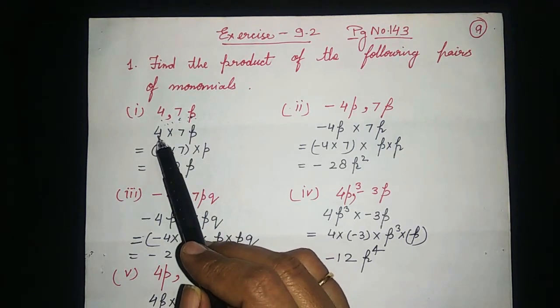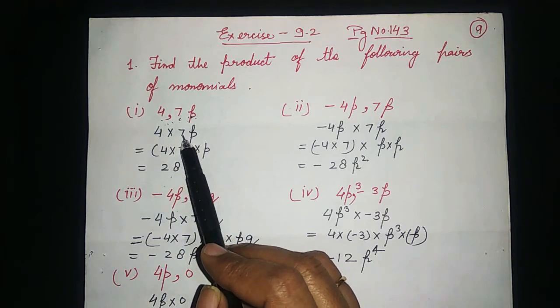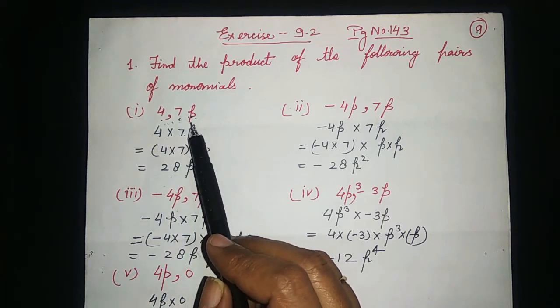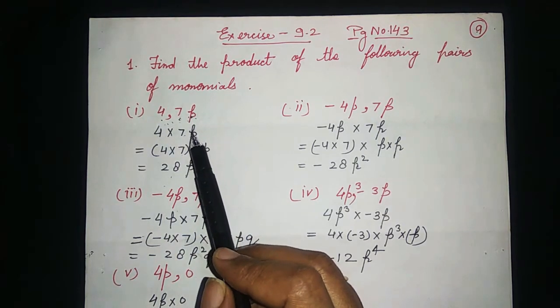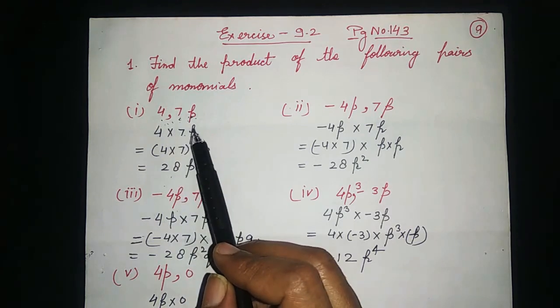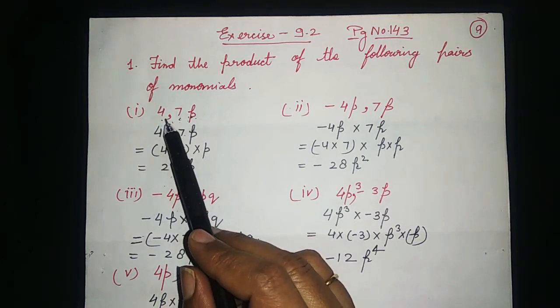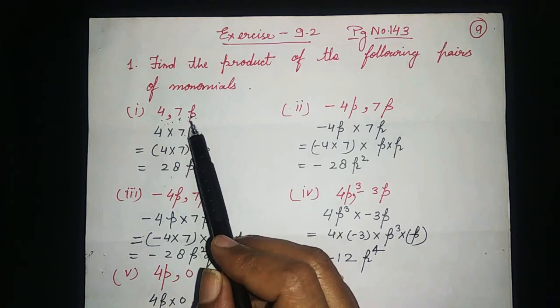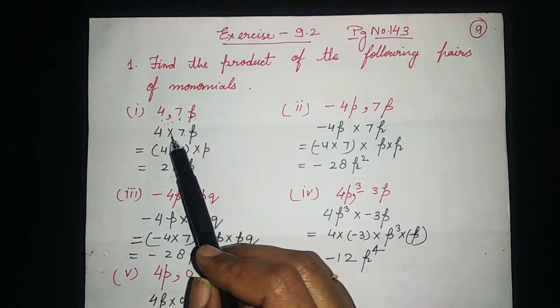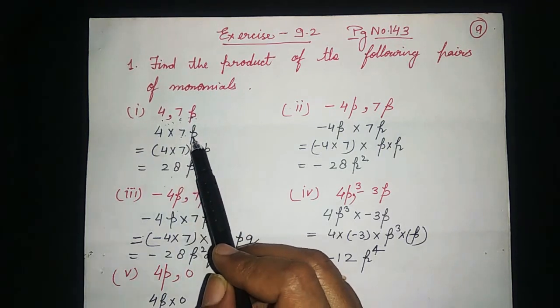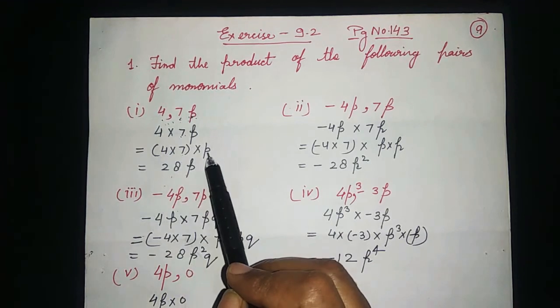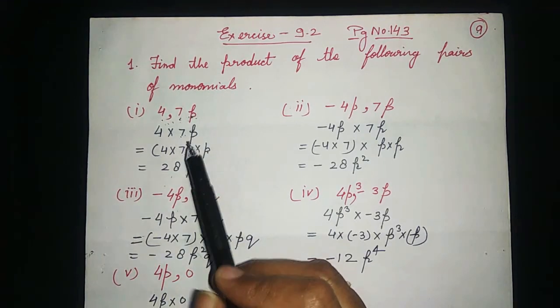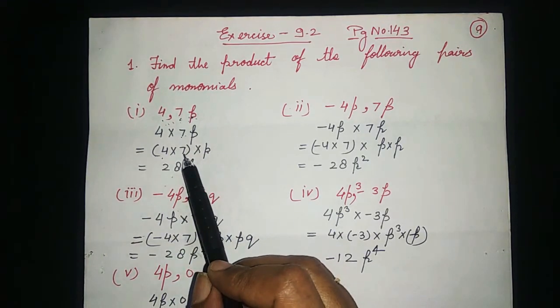Now we will write here 4 into 7. Then we will multiply the variable parts of the monomials. The first has no variable part and the second has p. So 4 into 7 into p. Now we will multiply all these. So 4 7s are 28.